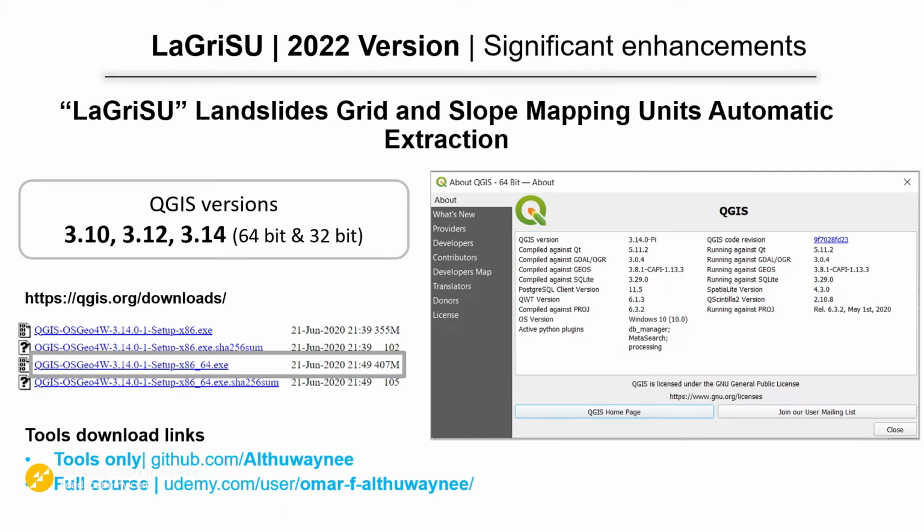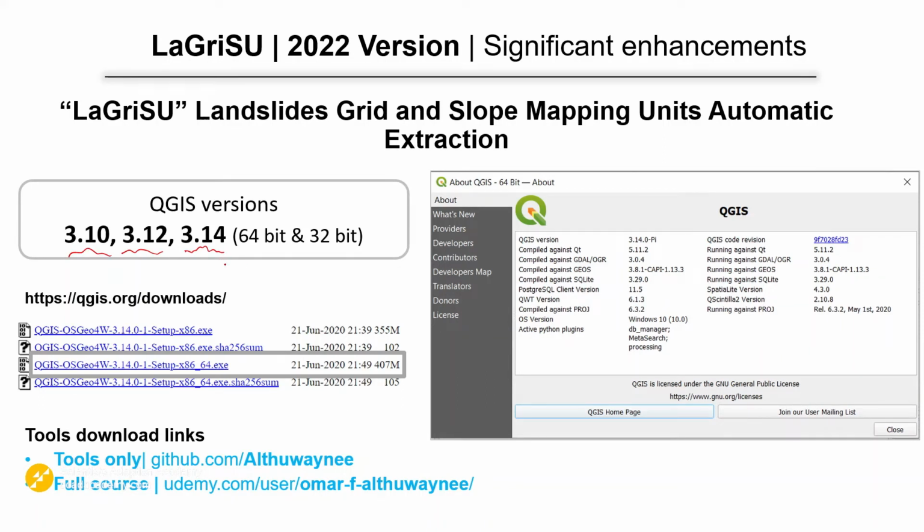One of the updates in this version is that we now work with QGIS 3.14, 3.12 and 3.10. Before, we were using just 2.16.